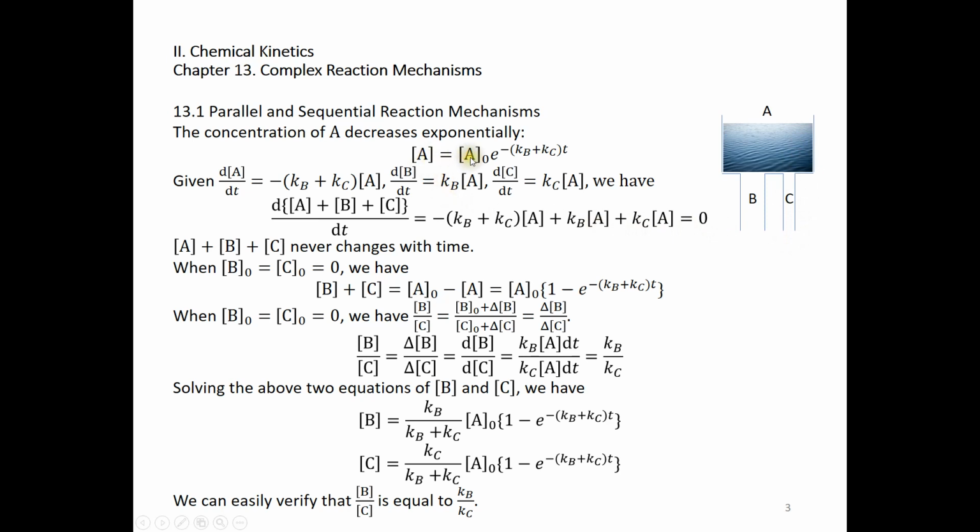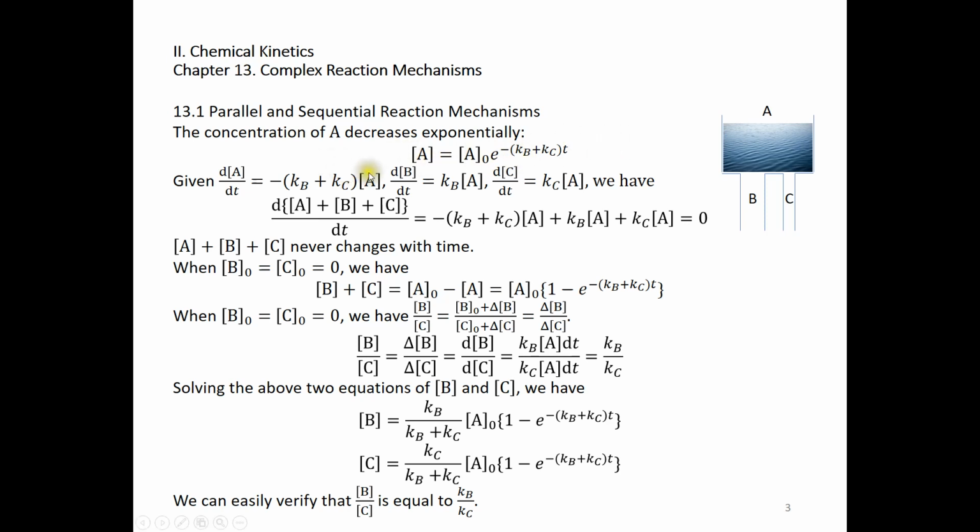A is A naught times e to the power of negative (kB plus kC) times t. Sometimes you can just define k effective to be kB plus kC.